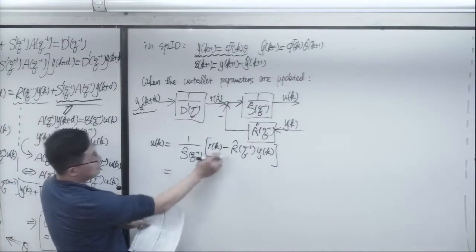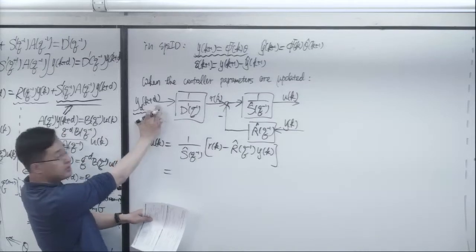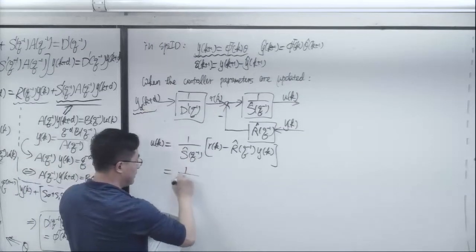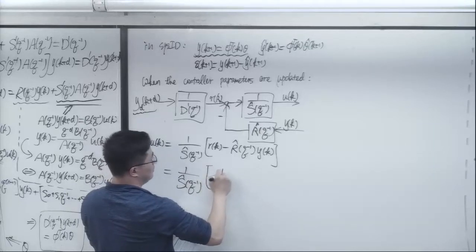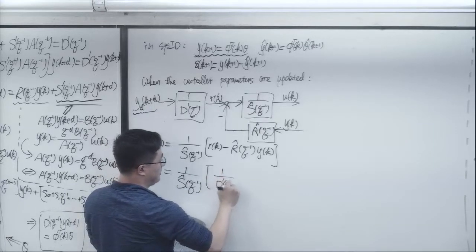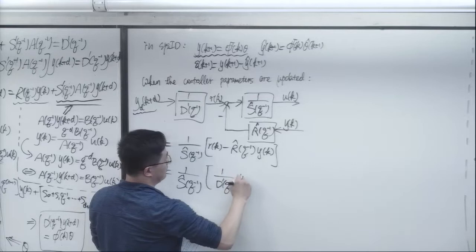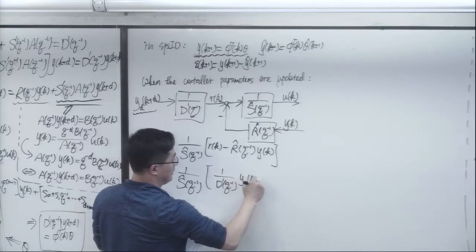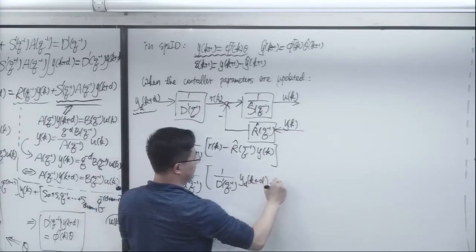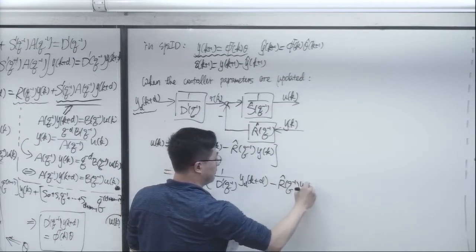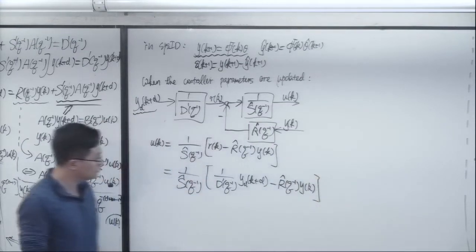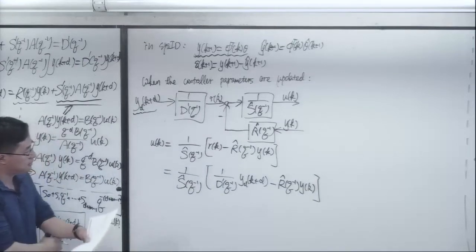So it equals, r_k is connected to y_d, so we need to bring this step in for sure. It's 1 over d prime, and then y_d, k plus d. So that's that.